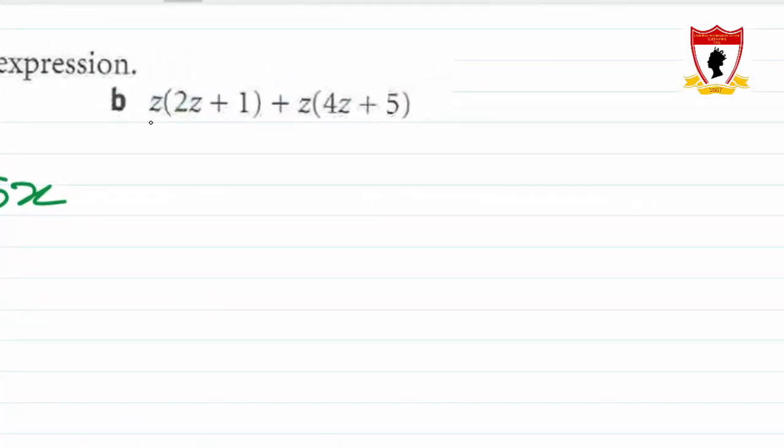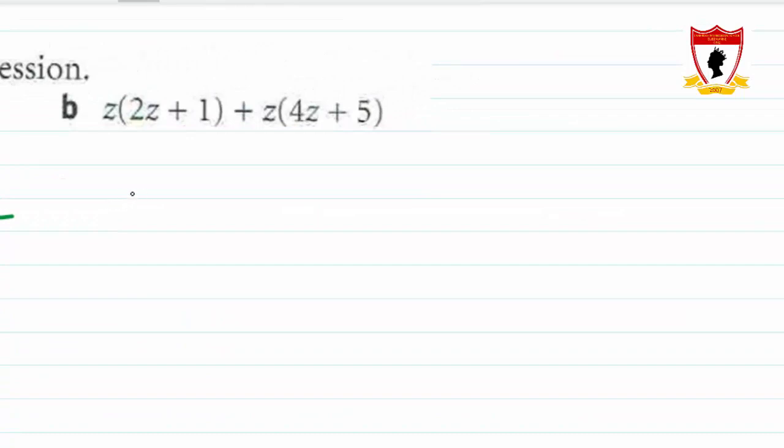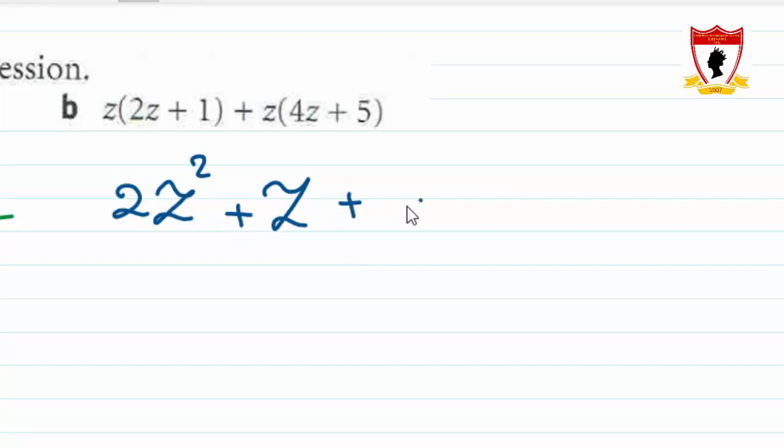This one, z times 2z, it will be 2z squared, because there is no number with this z, so we just multiply the letters together. The number is just copied down. z squared plus z plus 4, z squared plus 5z.